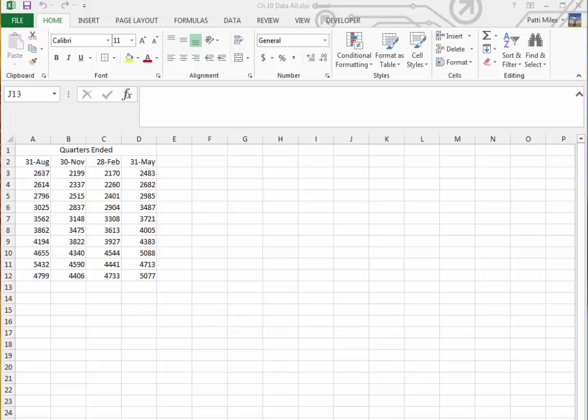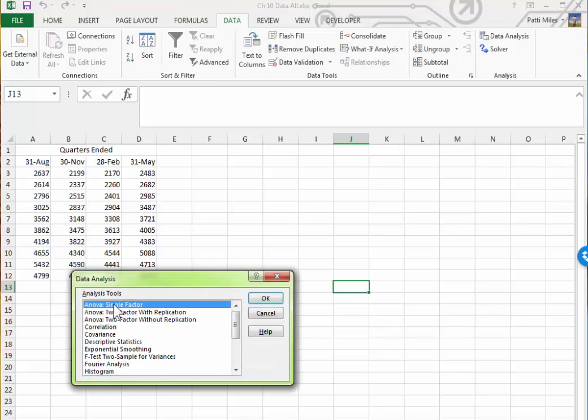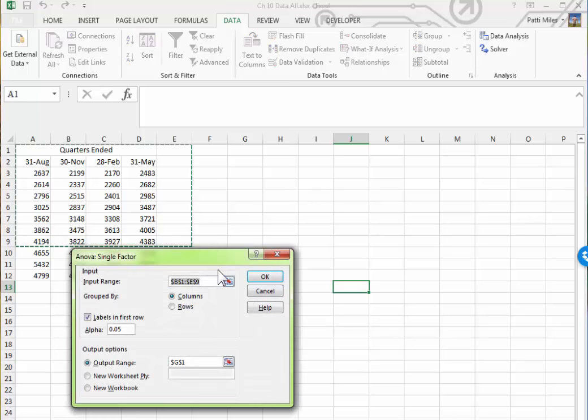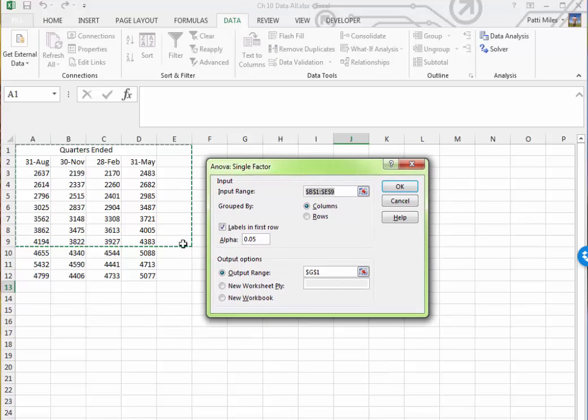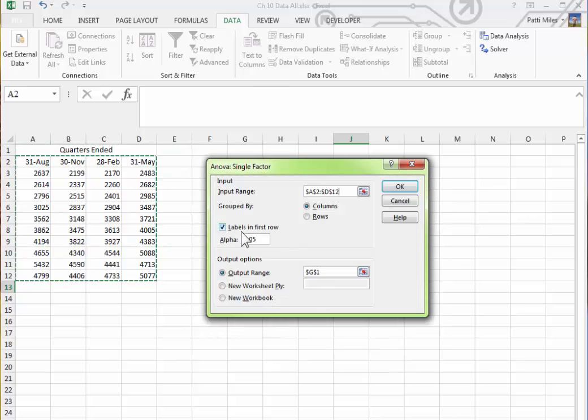Because of course they want to show that they're actually different, but we're going to show that they're not actually different. So we'll first go up here to our tools, Data Analysis, ANOVA, Single Factor. And we need to extend this a little bit to there. We've got our labels. We want it at 5%, and then we'll put our output right here. That'll be fine.